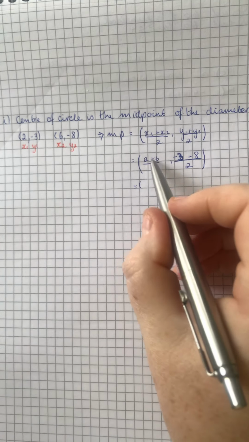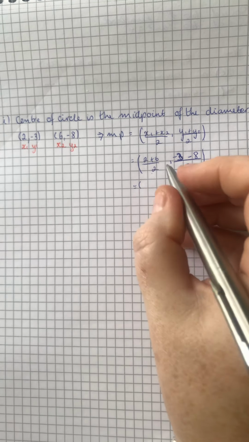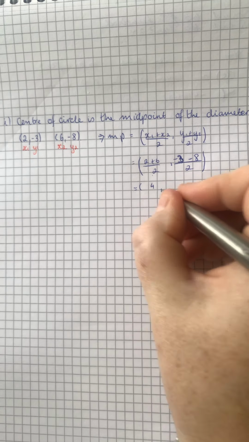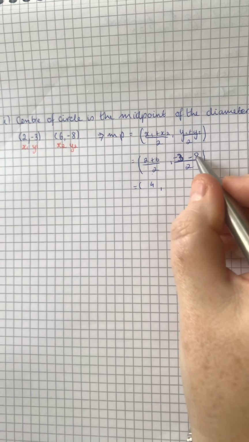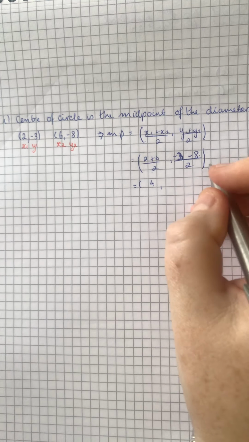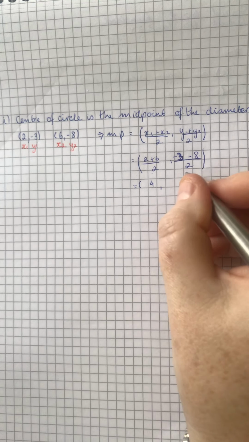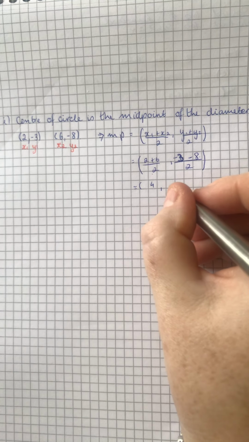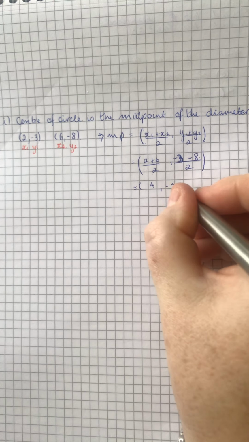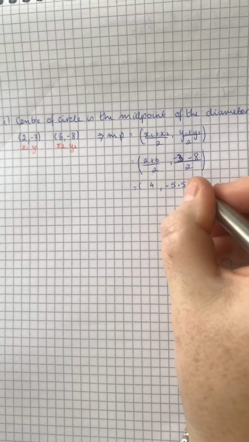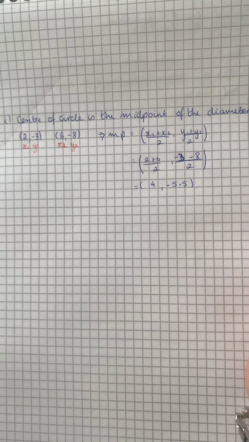So I put 2 plus 6 over 2 into my calculator and I get 4. And then I put -3 minus 8 over 2, and that's -11 over 2. -11 over 2 is -5.5. That's our midpoint.